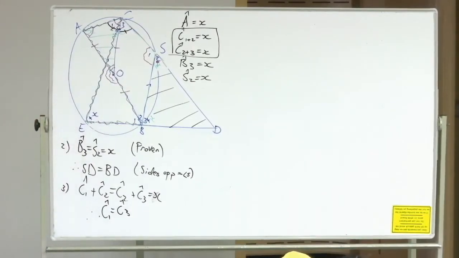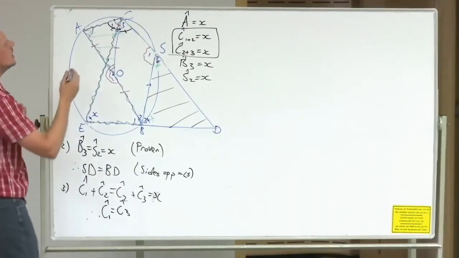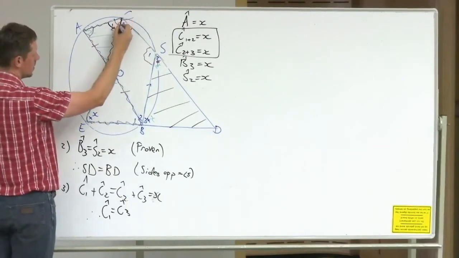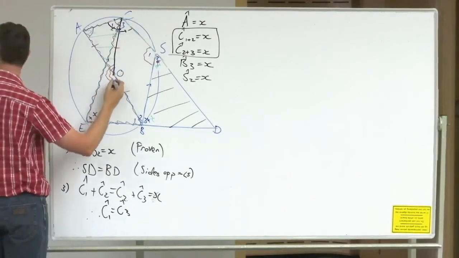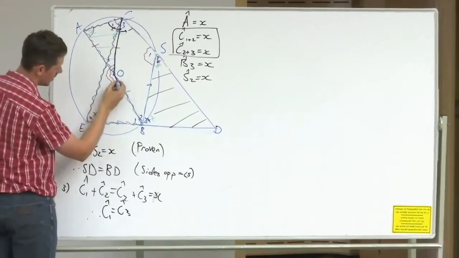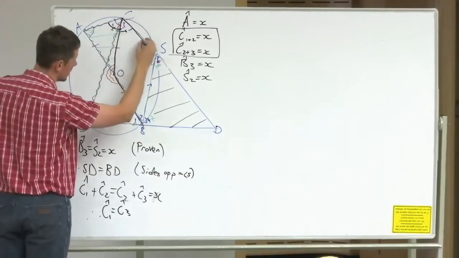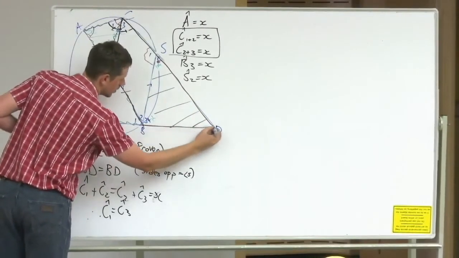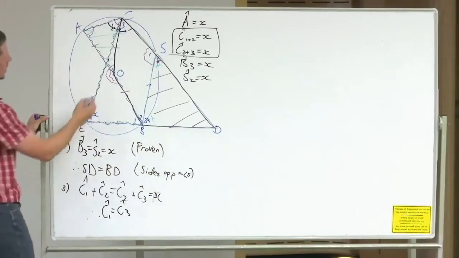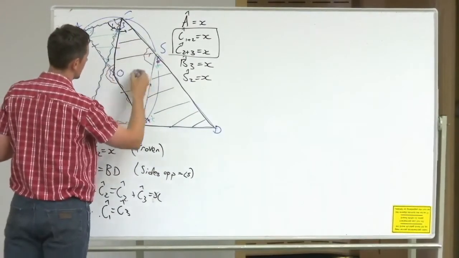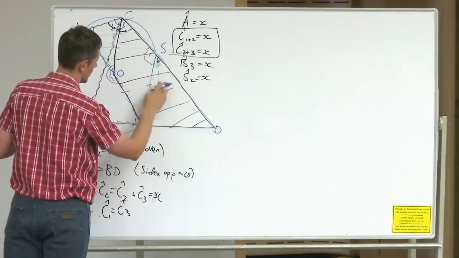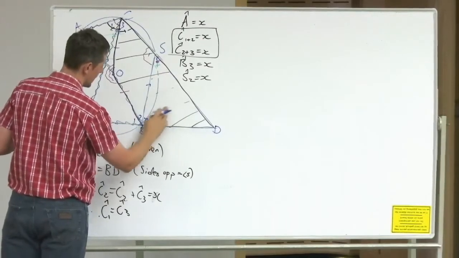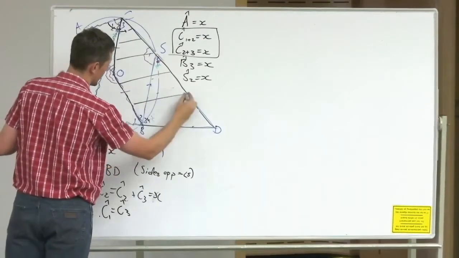Now the next part is, okay, I am actually lying. I didn't go through my theorems properly. The next little bit is prove that BOCD is a cyclic quad.